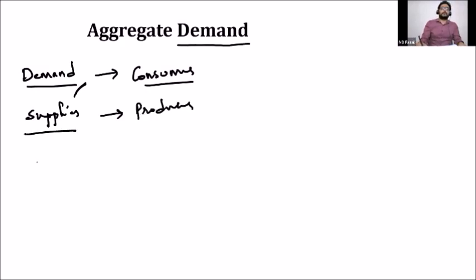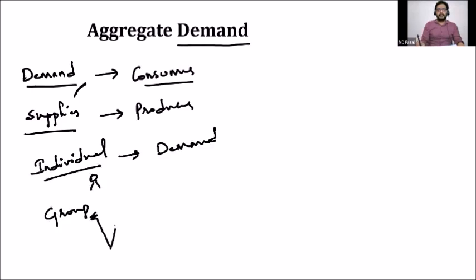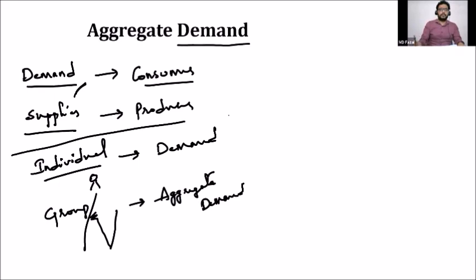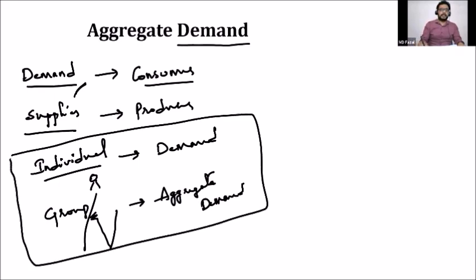Now, if I talk about an individual, that is demand. If I talk about a group or the entire country, then I'll be considering aggregate demand. So first you should understand what is aggregate demand and what is demand.